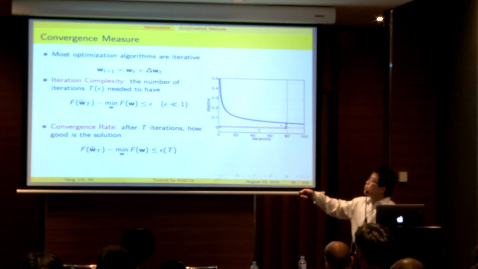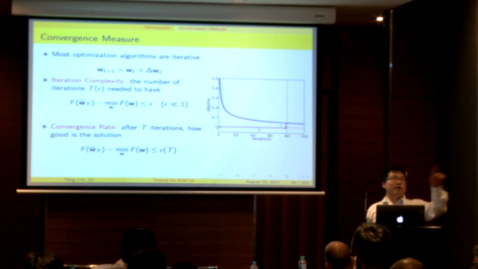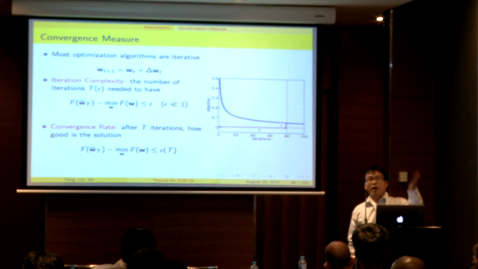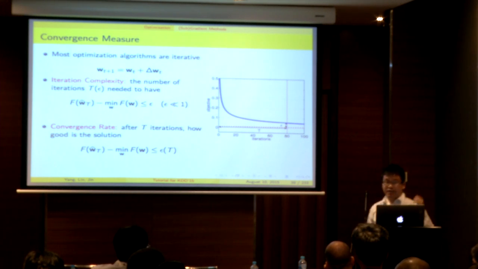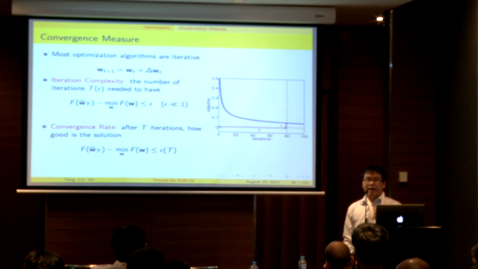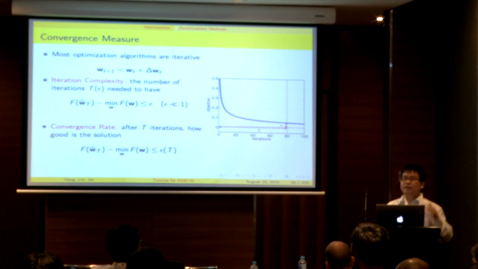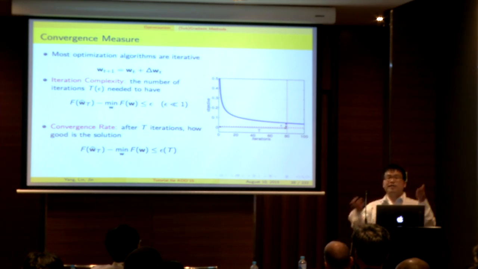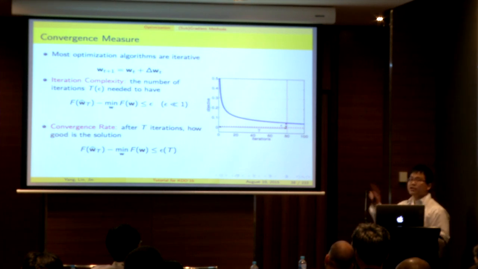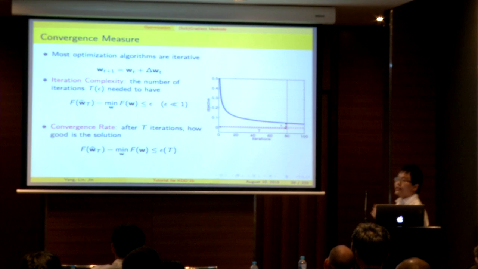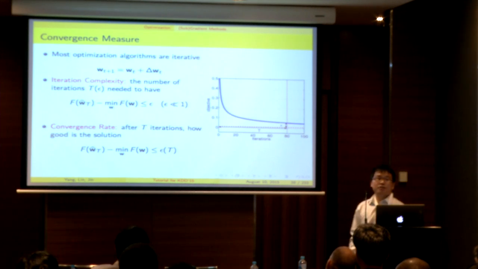When we talk about iteration complexity, we set our targeted epsilon, and this complexity tells you how many steps you need. When we talk about convergence rate, we give the iterations first. You say, I want to run 100 steps. Now, the convergence rate tells you this will be your expected epsilon. So it depends on which one you fix first, and you talk about the other. So any questions so far?